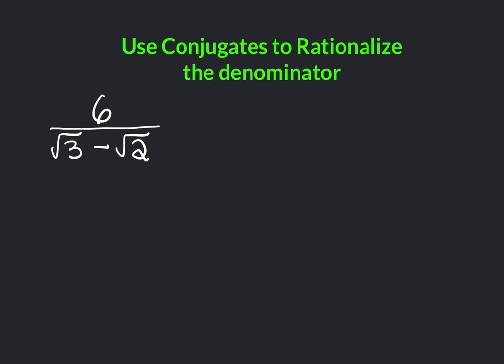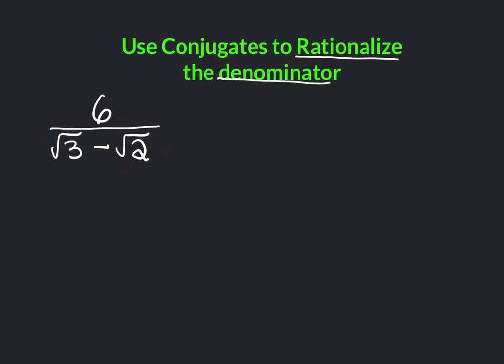All right, so here's an actual example where we need to rationalize the denominator. So notice I have radicals in the denominator, which we can't have. So we always have to rationalize the denominator. But because of this addition or subtraction, what we multiply by is the conjugate of the denominator.